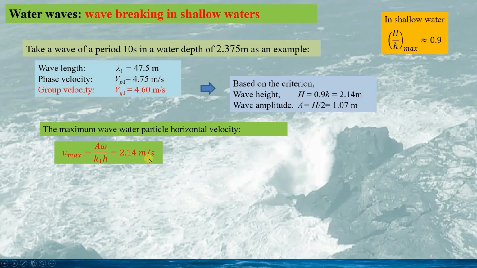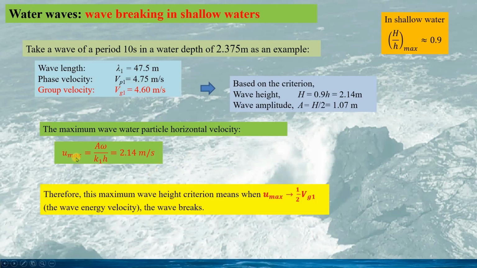It is 2.14 meters per second. And in the shallow water, if we compare U max and Vg1, we can see when U max approaches half of the group velocity in shallow water, the wave breaks.